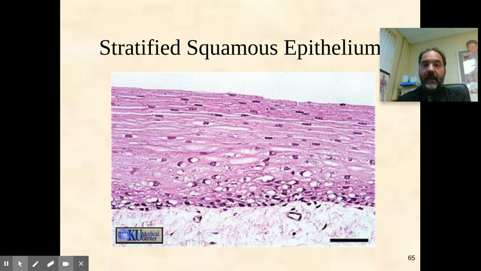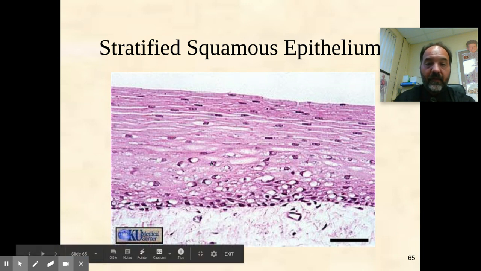All right. And finally, stratified squamous epithelium. Stratified means many layered. Squamous means flat cells. Notice here that this pink stuff from here all the way to here, that is the stratified squamous tissue anchored to a basement membrane. That basement membrane is right there where the color and the texture of the tissue changes.